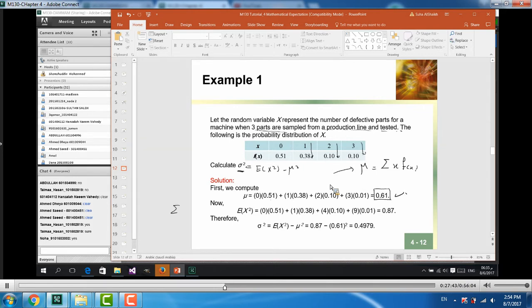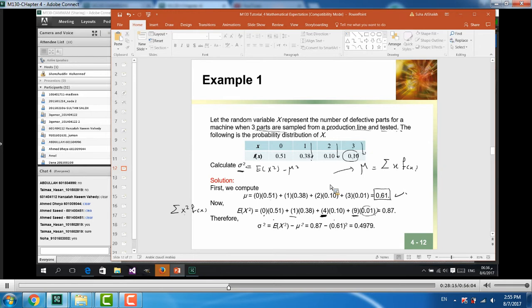Now the expectation of x square means x square times fx, not just x, it is x square. So 0 square, 0 times 0.51, 1 square, 1 times 0.38, 2 square which is 4 times 0.10, 3 square, 9 times 0.01.